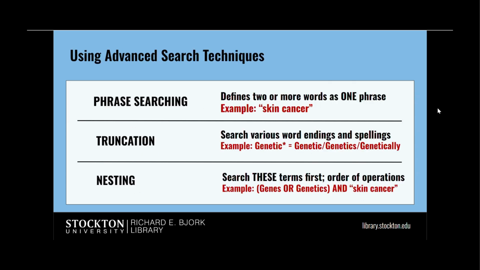And we can get more advanced by using these different things. For instance, phrase searching. This is really helpful when you have a phrase and the words that combine that phrase are very common things. So if I search skin cancer in Flashfind, it's going to result in everything that says skin, everything that says cancer, and everything that says skin cancer.